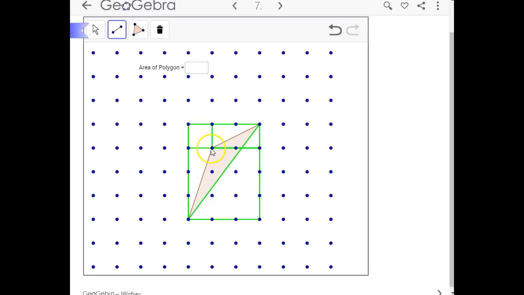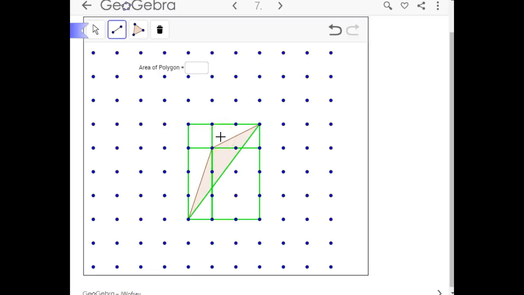And then I can take away this. Okay, let's see. If I have 1, 2, 3, so if my large rectangle is 12, then this half is going to be 6.